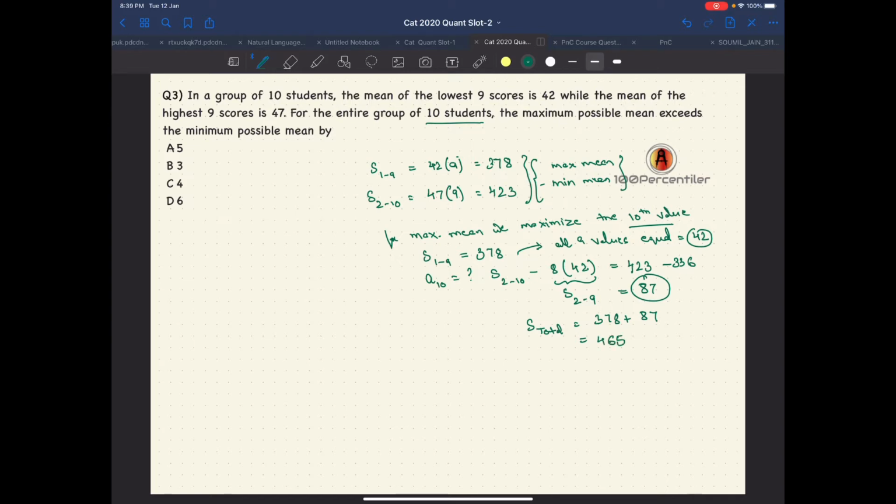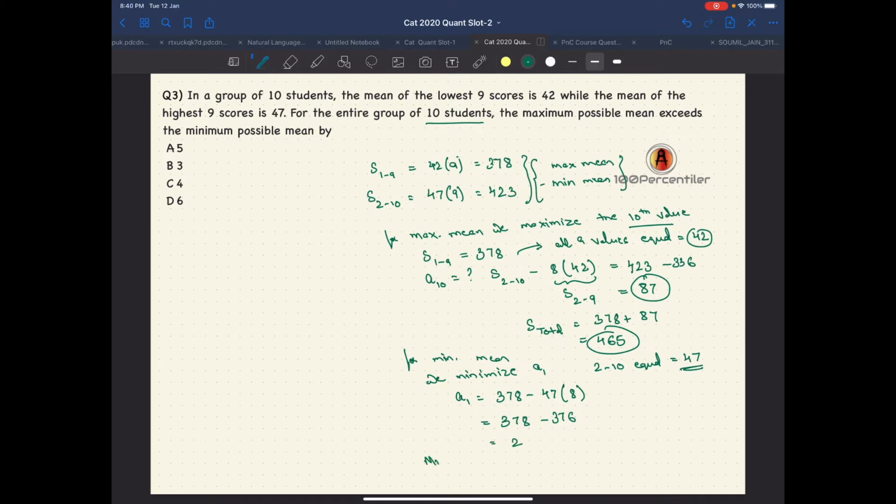which is 465. Now for minimum mean, we minimize the first value here, which is again minimized when we keep all the values from 2 to 10 equal to each other, which is 47, which is the mean. Therefore A1 is nothing but 378 minus 47 into 8, which is 378 minus 376, which is 2.